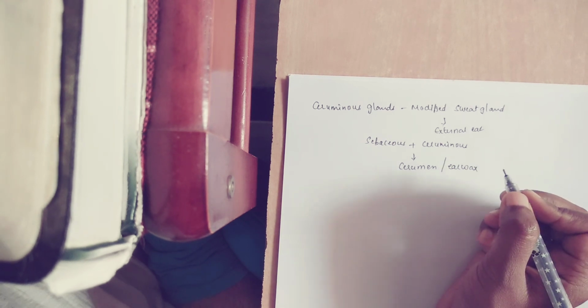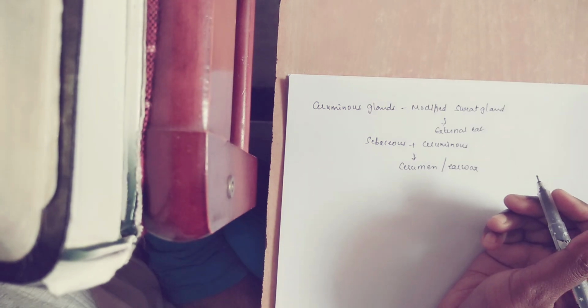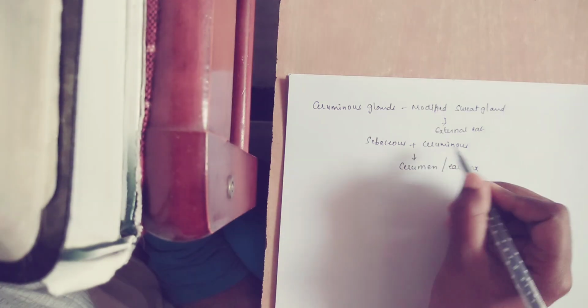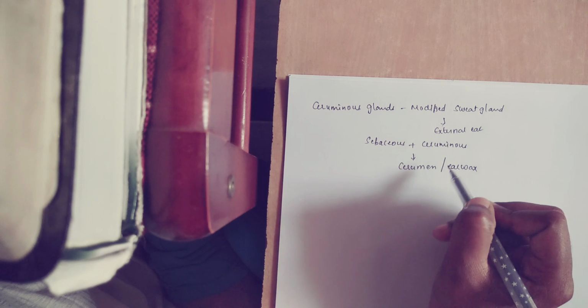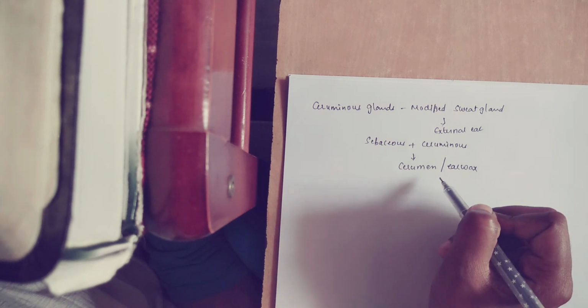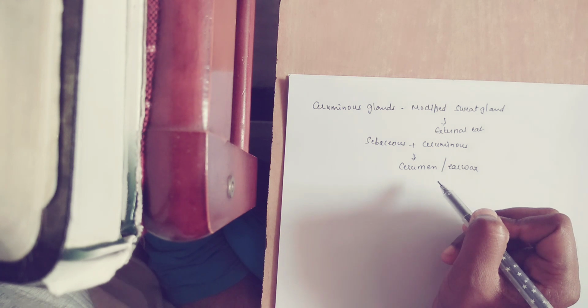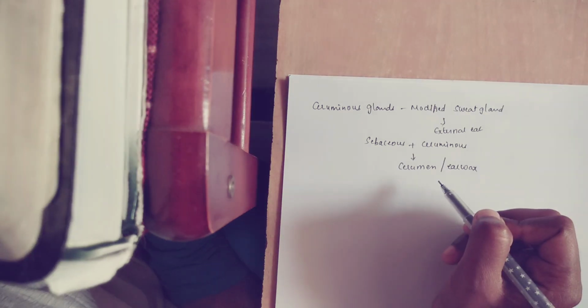So you all know that the ear canal secretes wax. That ear wax is cerumen, from the ceruminous glands as well as from the sebaceous glands. It prevents the entry of foreign particles into the ear.